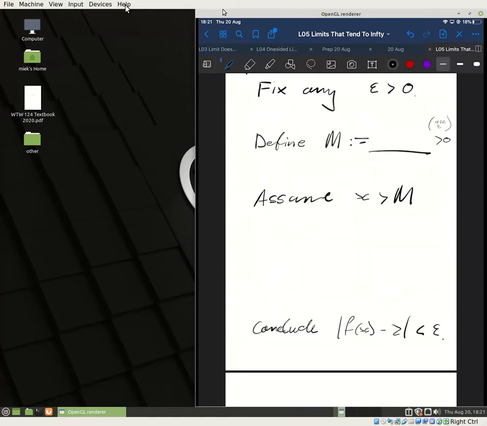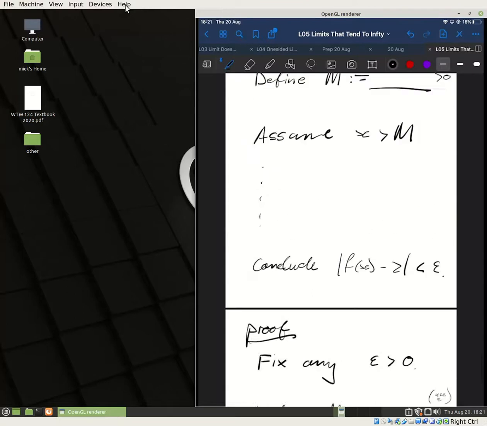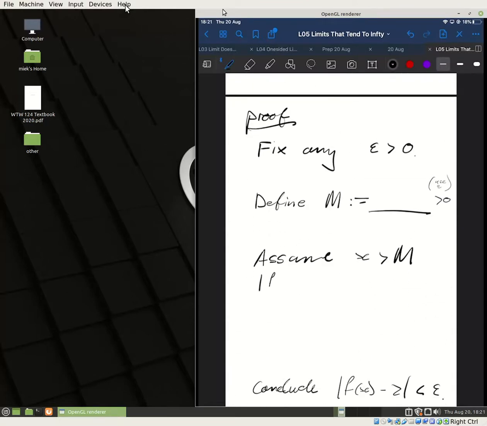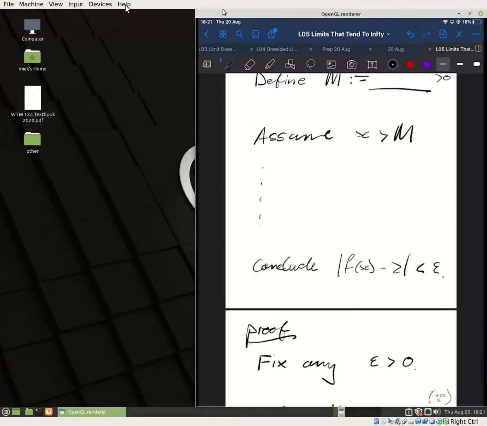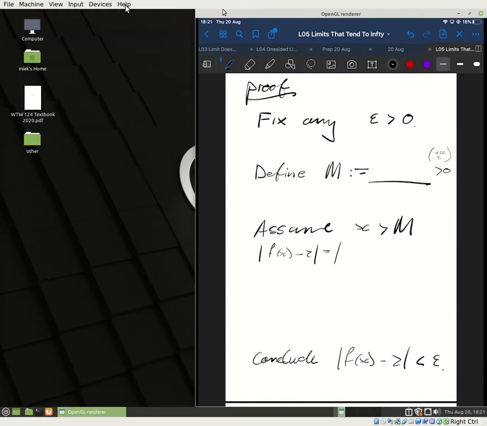We want to get this expression less than epsilon. So let us look immediately at f of x minus 2. How is f defined? 2x minus 1 over x plus 1, minus 2. And let's write it this way. This is multiplied with x plus 1 over x plus 1.